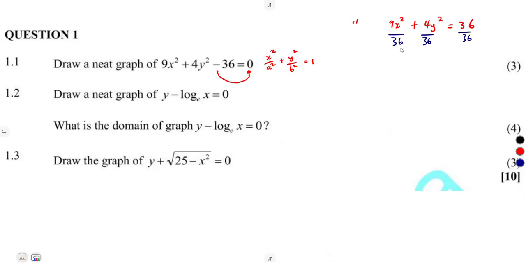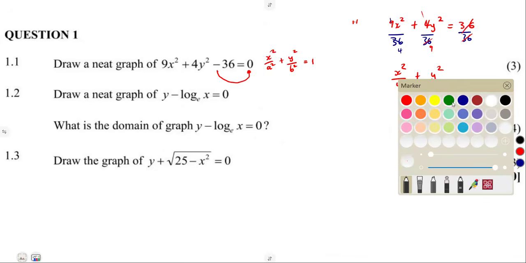That simply gives us 4 here, so that's x squared over 4 plus 4 into 4, that's 1, into 36, that's 9, so that's y squared over 9. And this is going to give us a 1.